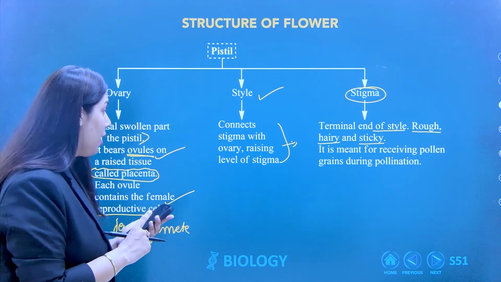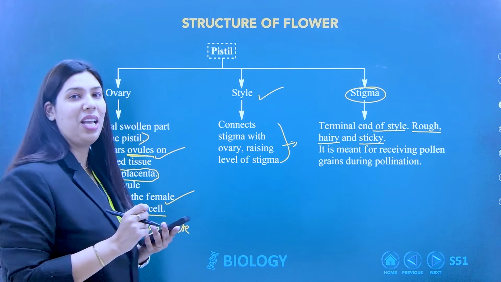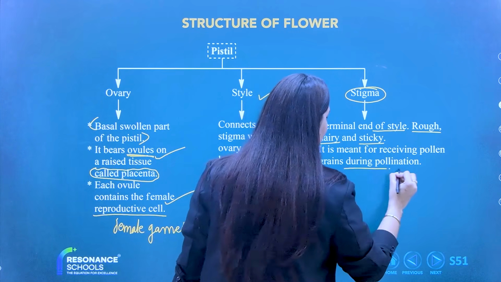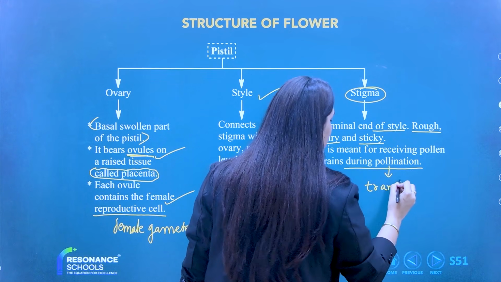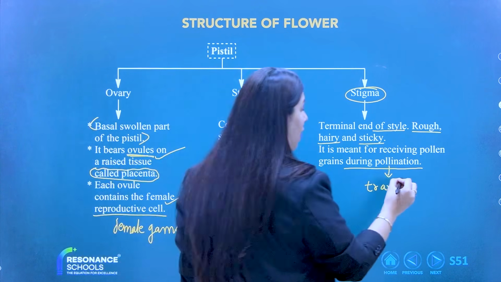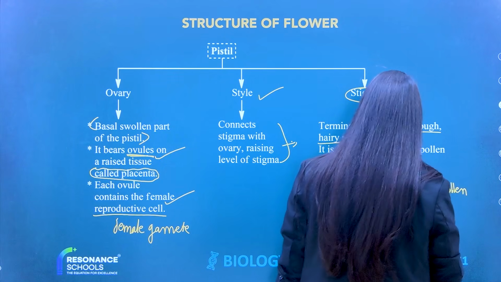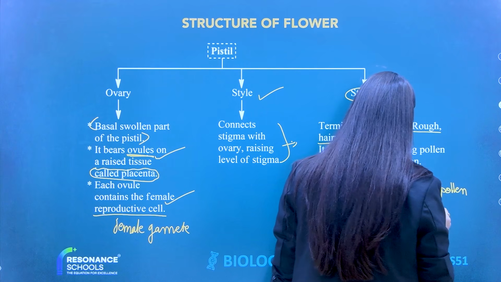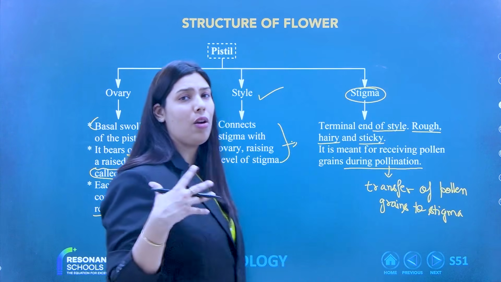It is meant for receiving pollen grains during pollination. Here only you learn the definition of pollination: transfer of pollen grains to the stigma of the same flower or of a different flower.